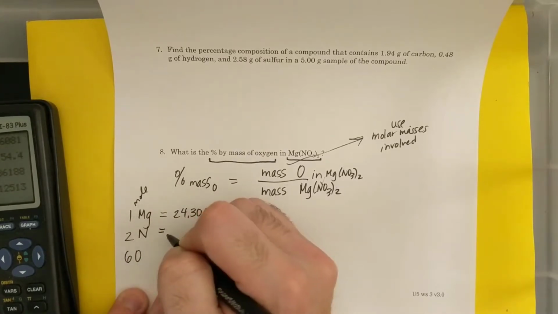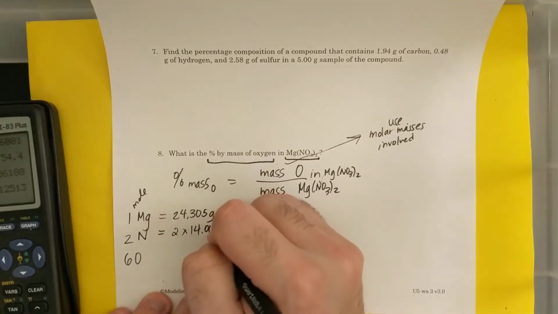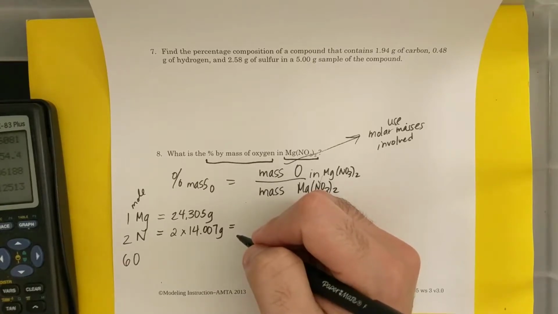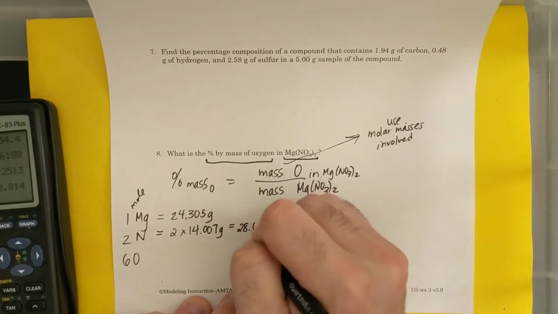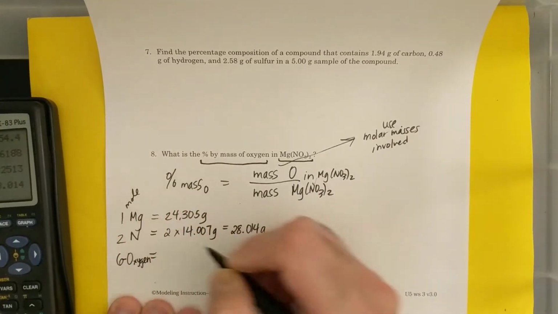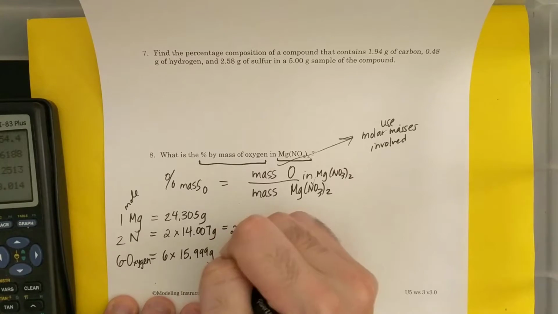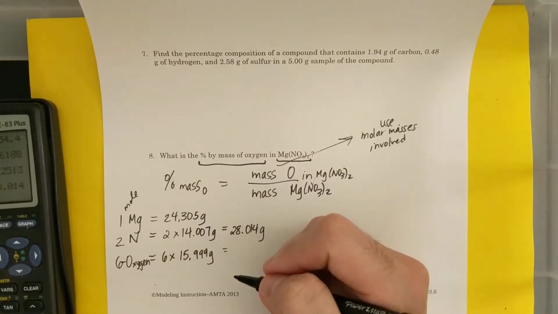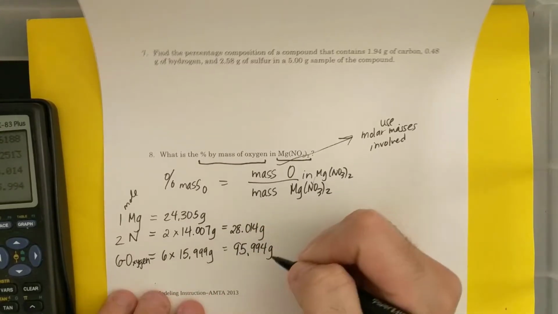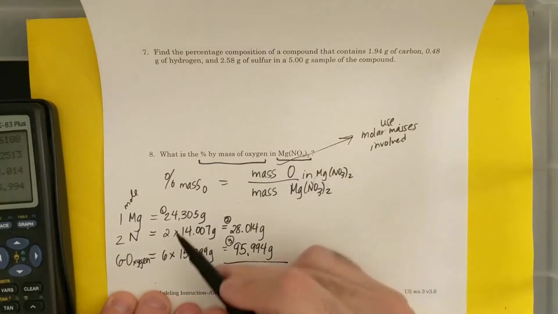If I have 2 moles of nitrogen, that's 2 times 14.007 grams, which equals 28.014 grams. And then I have 6 oxygens, which we know is 6 times 15.999 grams. I get 95.994 grams.